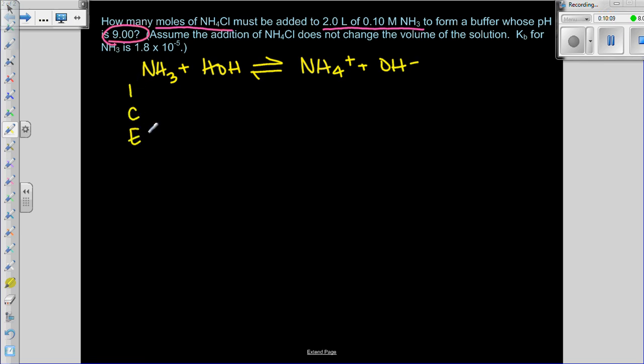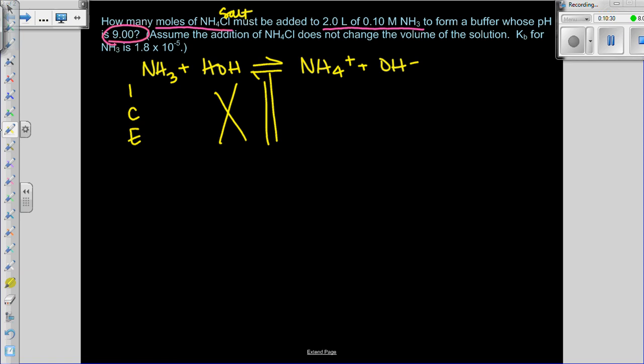And if I set up that ice chart, I will X out water, and then I've got my fence. Now, ammonium chloride is the conjugate acid of ammonia. Ammonium and chloride are both ions, so this is my ionic compound, or my salt. So here's my weak base, here's my conjugate, I have a buffer.